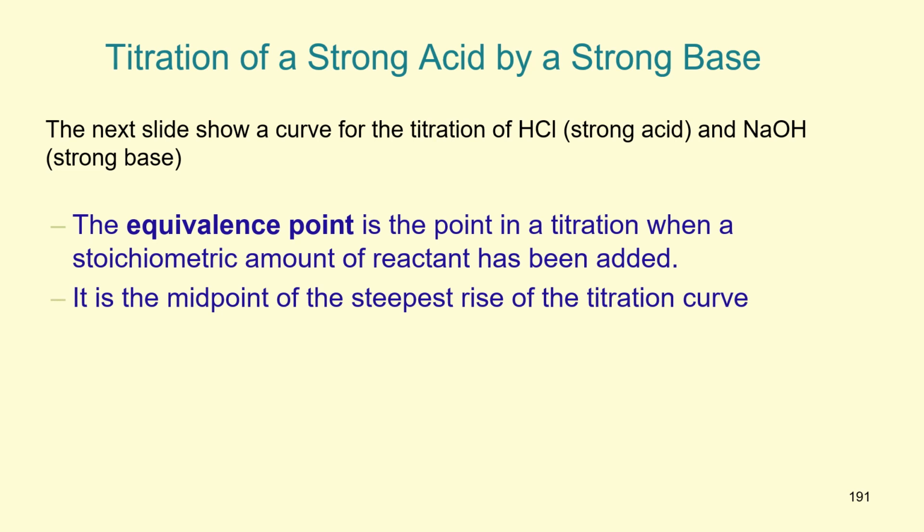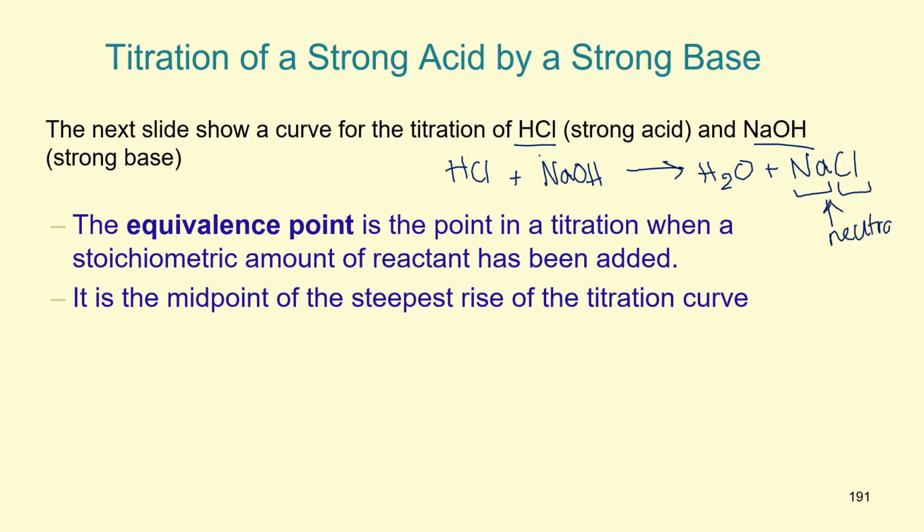The next slide shows a titration curve of a strong acid with a strong base. What I wanted to point out: if you're reacting HCl plus NaOH, we get water and NaCl. With a strong acid and a strong base, the ions are such that this is neutral.